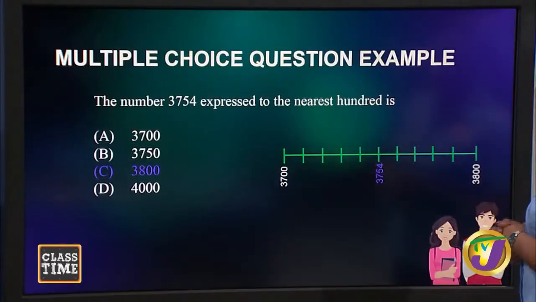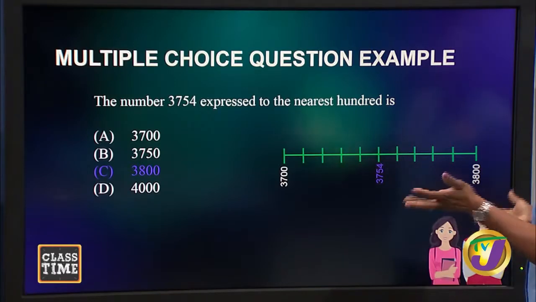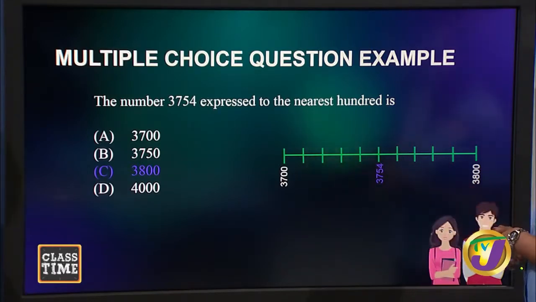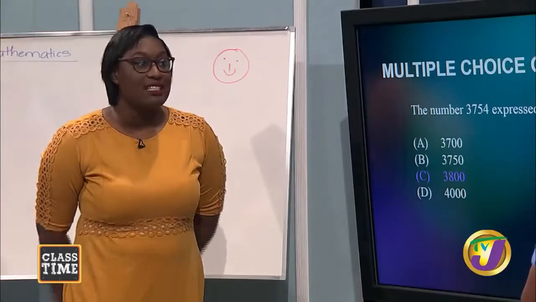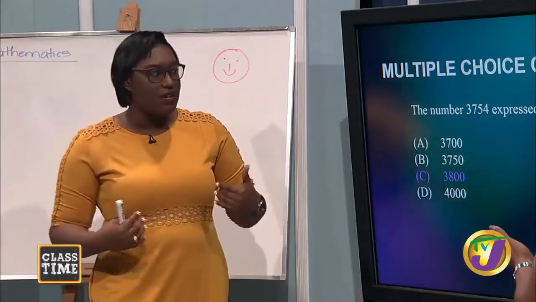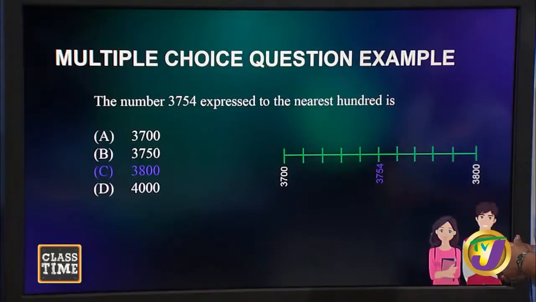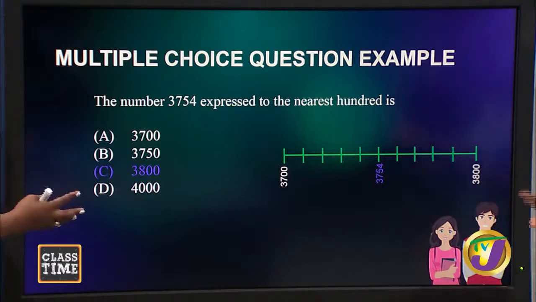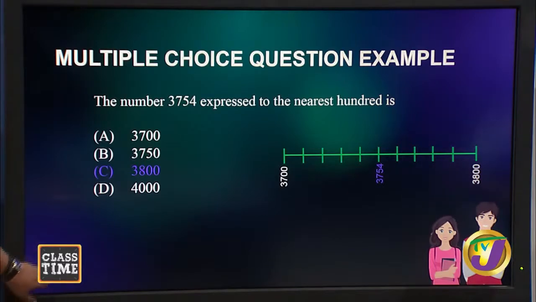Conventionally, I guess you don't want to lose your 54. Well, it's equidistant between 3,700 and 3,800. But convention has it that when it's equidistant, we tend to go higher and not lower. So hence we will now round it to 3,800.